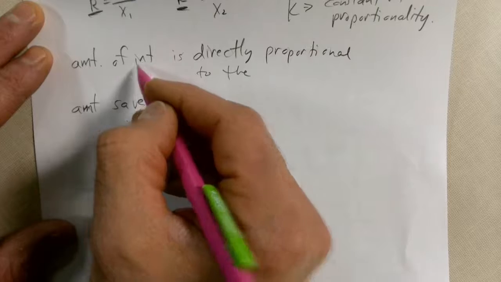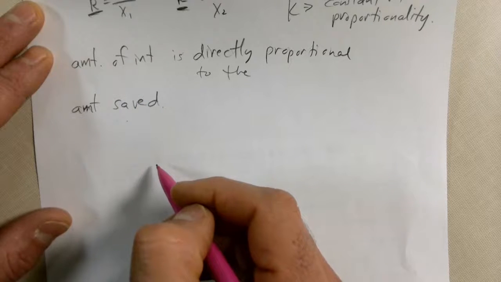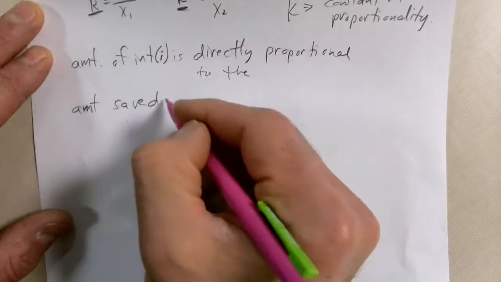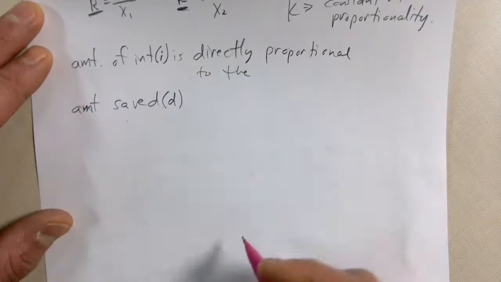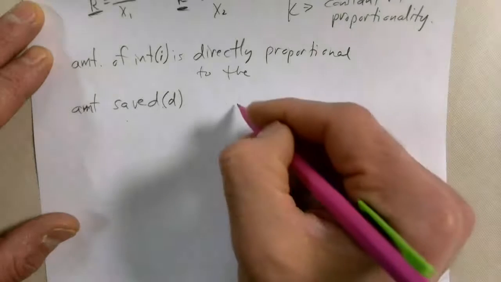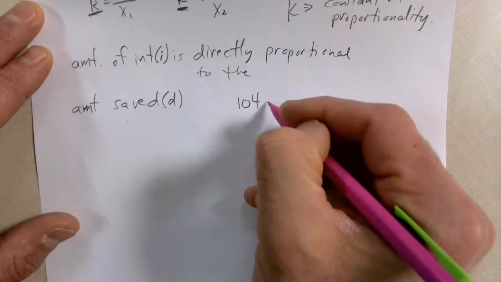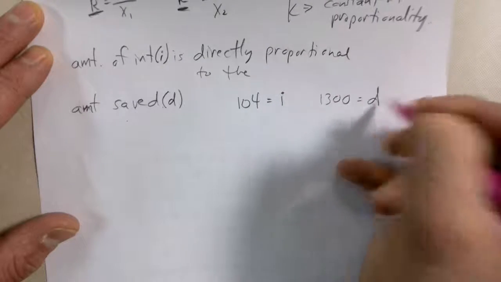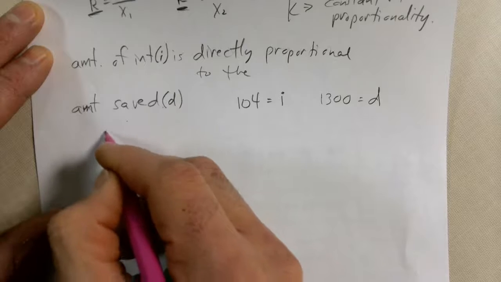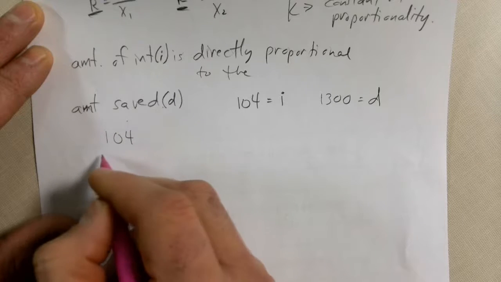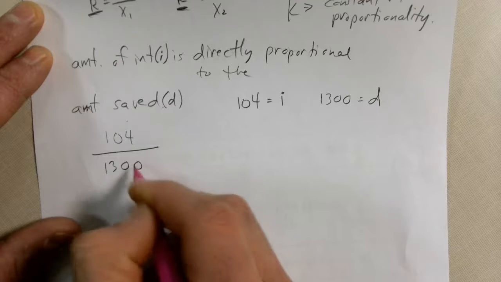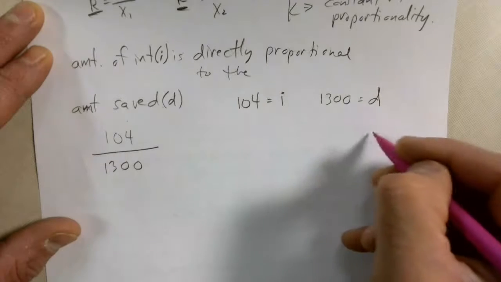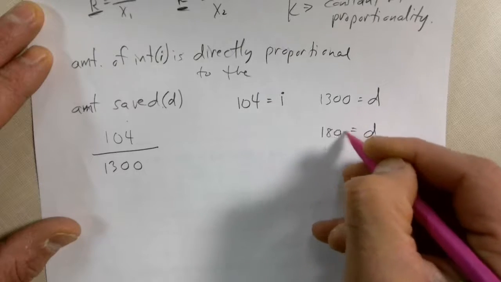Okay, so let's give some variables. Let's say the amount of interest is I, and the amount saved is D for dollars. Okay, you have $104 of interest, and then $1,300 saved. So what we're going to say is that the amount of interest is directly proportional to the amount saved. Now, how much will we earn on $1,800?